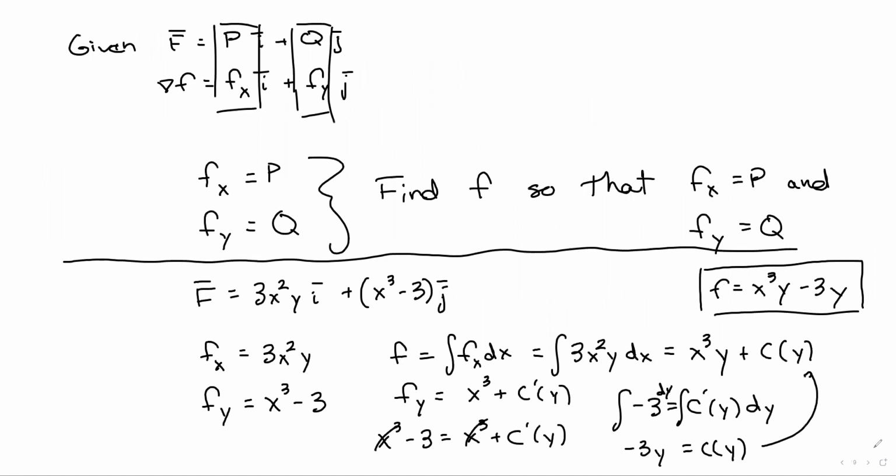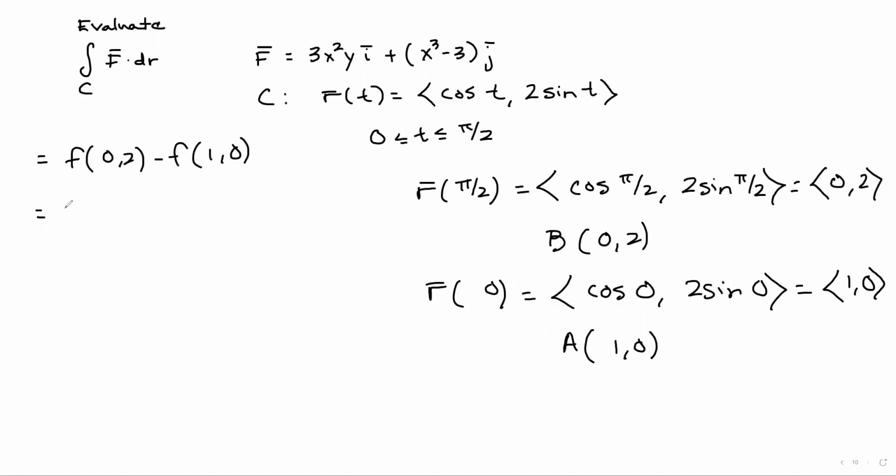It's x cubed y minus 3y. So we're going to get 0 cubed times 2 minus 3 times 2, and then minus 1 cubed times 0 minus 3 times 0. If we simplify that, we get minus 6, and the rest is 0, so we're just going to get minus 6.